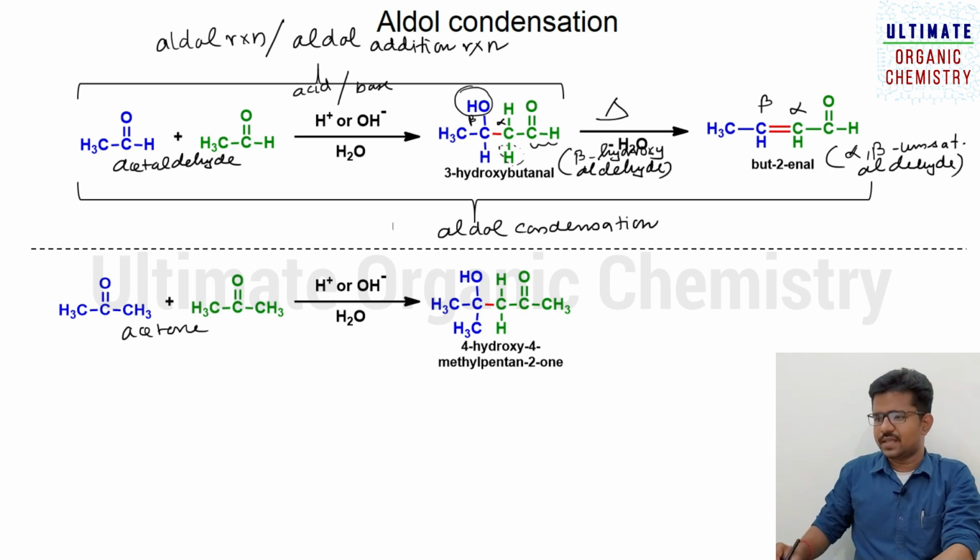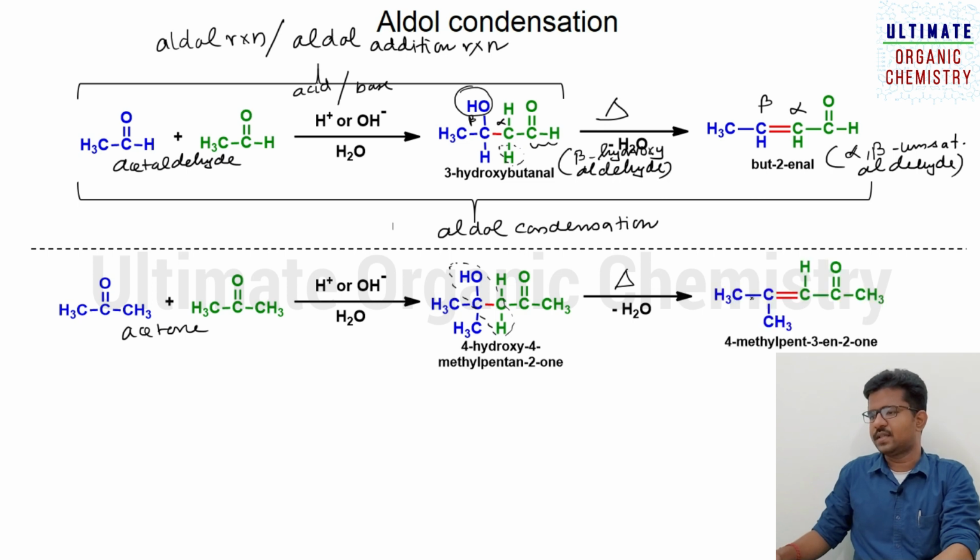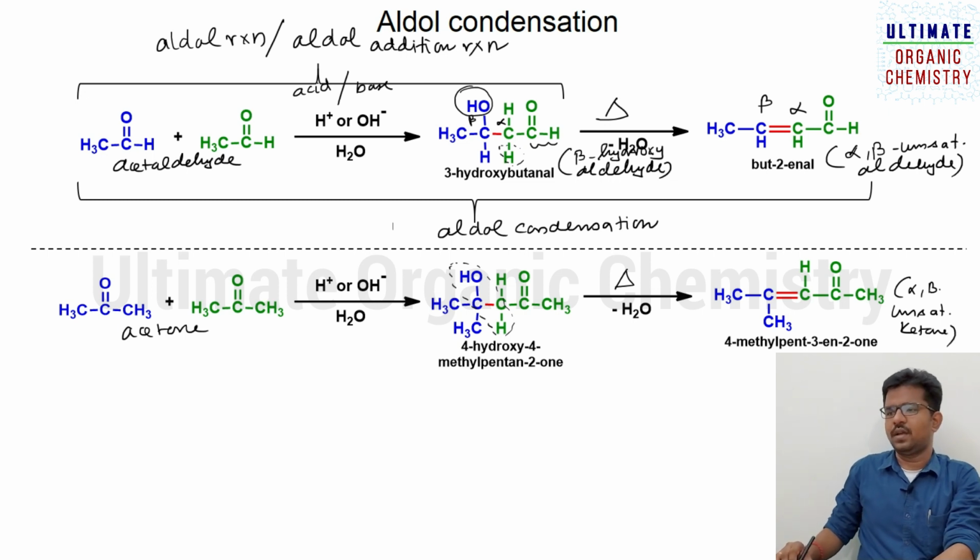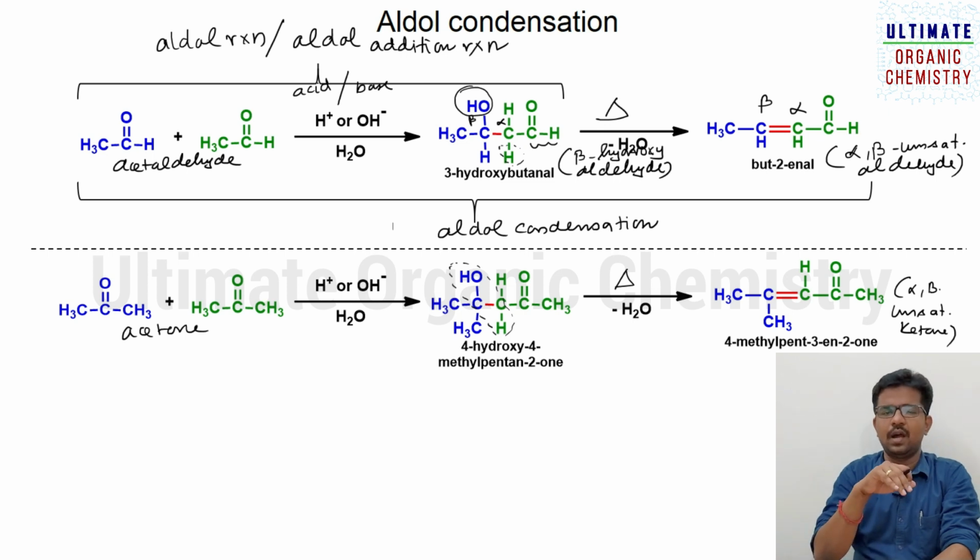Okay. So when this hydroxy compound is heated, it will lose its water molecule. After losing its water molecule, it provides this alpha beta unsaturated ketone. Right. So this is about aldol condensation. So the conclusion is it is applicable to aldehyde as well as ketone.